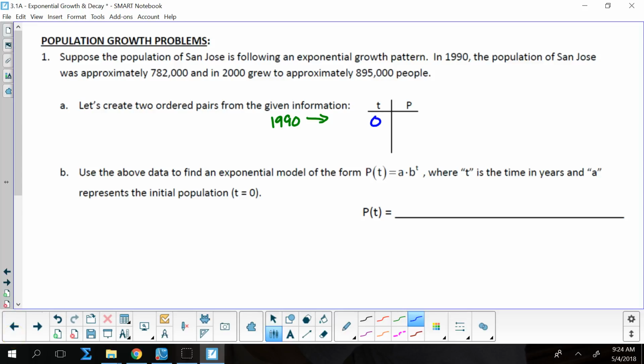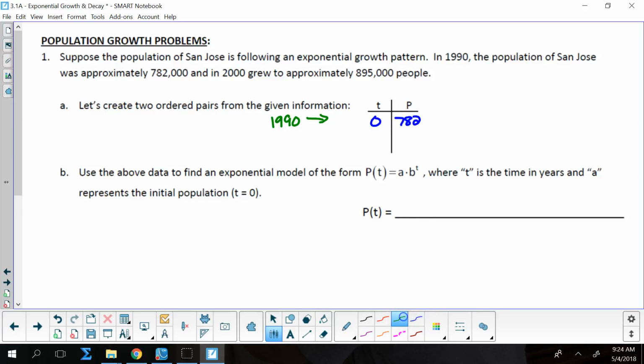So 0, comma, 782,000. Could we make that be smaller too? Instead of 782,000, we could just make it 782 and then say we're in thousands. So we can tweak our numbers just a little bit.